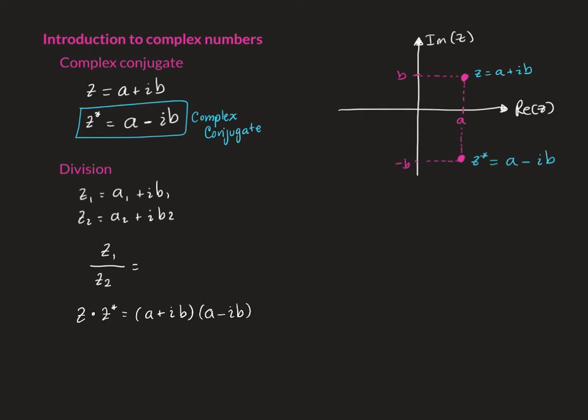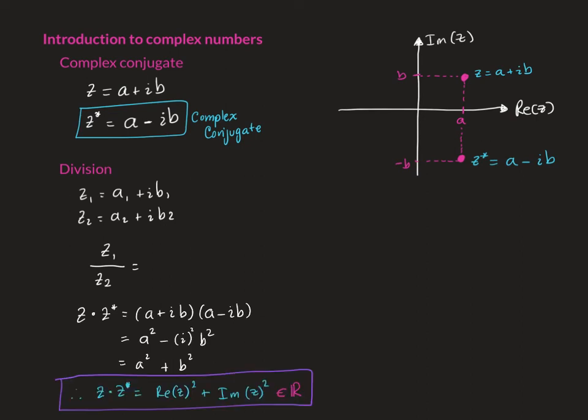And this is a difference of squares, which means the product of a number and its conjugate is equal to a squared minus i squared b squared, and that is the same as a squared plus b squared. So the product of a number and its complex conjugate counterpart is a real number. The i part has completely disappeared because it's a difference of squares.